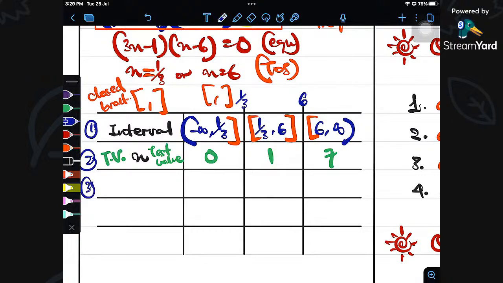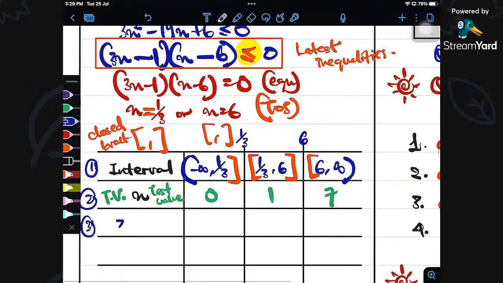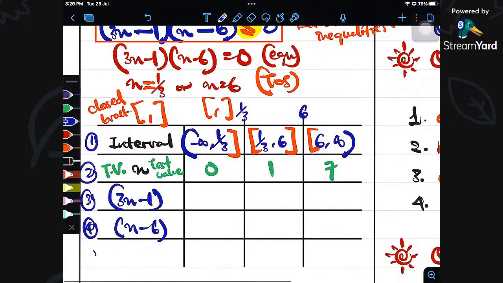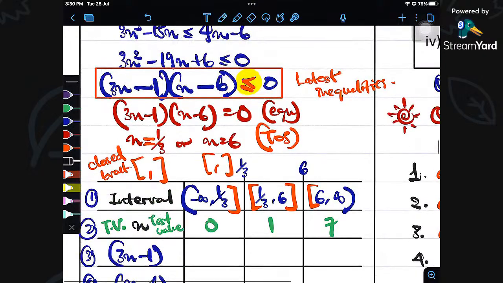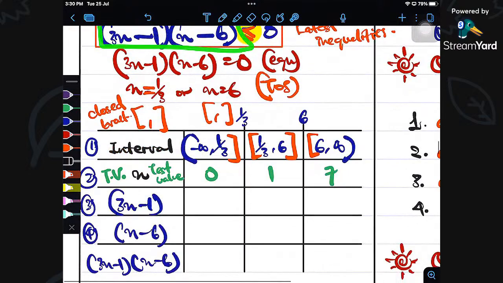And then third one is put in each factor. Saya panggil ni factor. This is factor. Setiap satu ni factor, masukkan dia. Okay, jangan lupa masukkan setiap satu factor ni. And then yang di bawah sekali barulah tulis soalan dia. Soalan dia adalah inequality ni lah. You must write down the inequalities back lah as a whole, as a conclusion number 5. Okay.